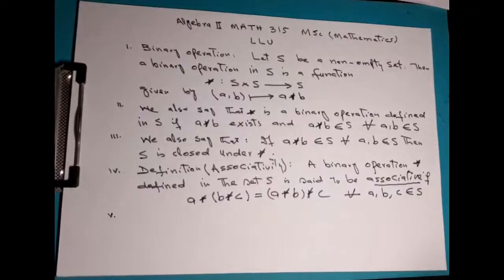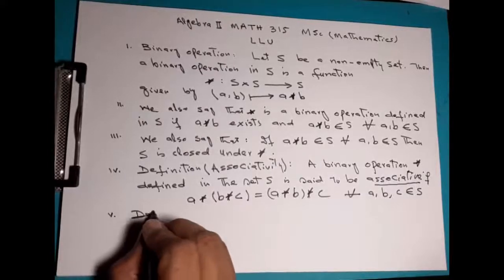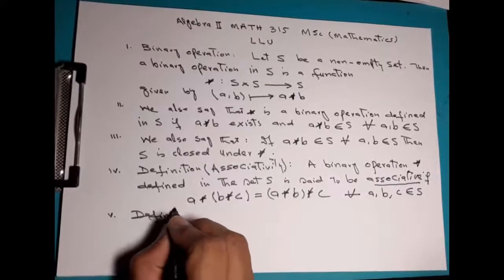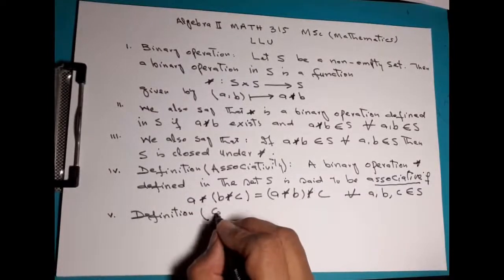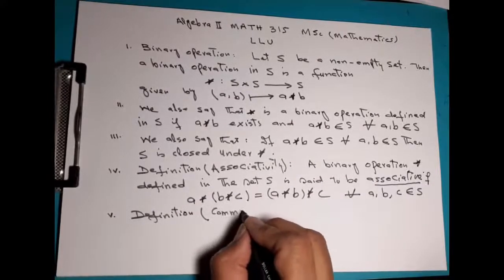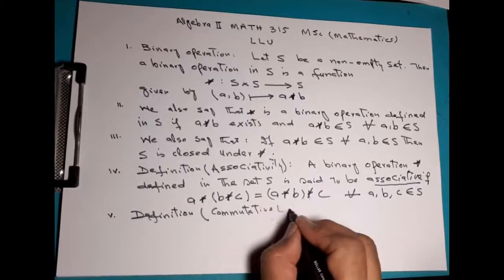Next we come to commutative law, and you know this law as well. So let's define it formally. Definition. This is about commutativity or commutative law.